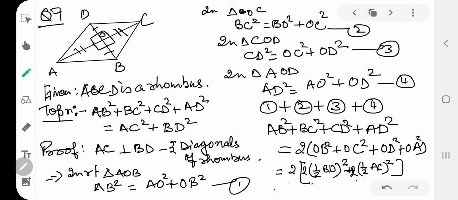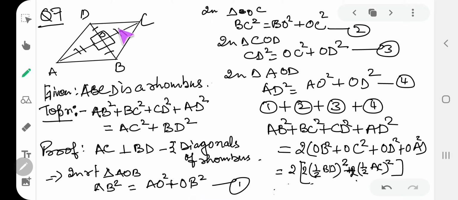So first of all, I am taking triangle AOB. This is the right angle and side opposite to it is hypotenuse. So I will get AB square is equal to AO square plus OB square.